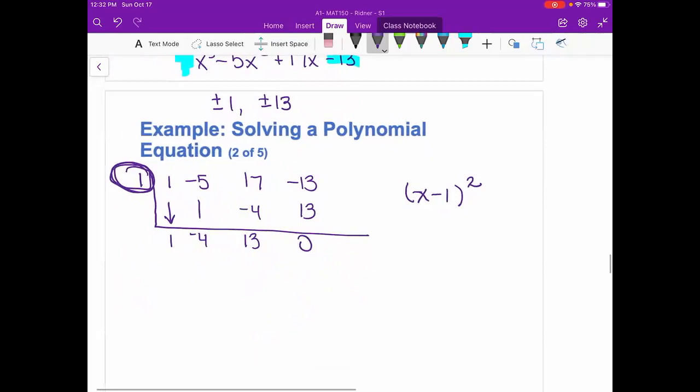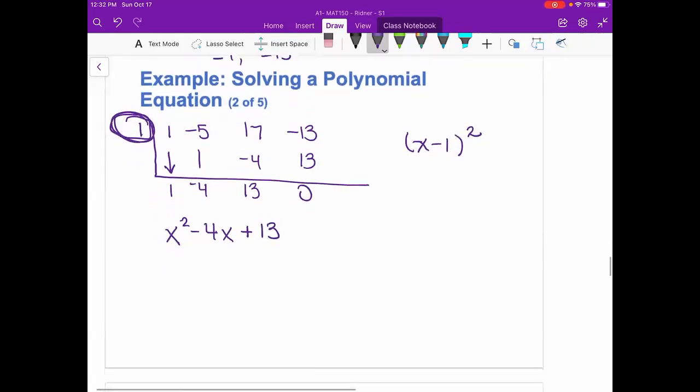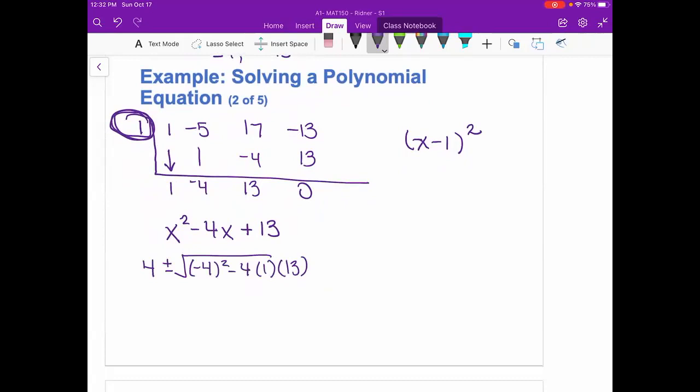Okay, now what we have left is x squared minus 4x plus 13. We have a quadratic formula. So opposite b is 4, square root of -4 squared minus 4ac. All right, hopefully internet is back there.